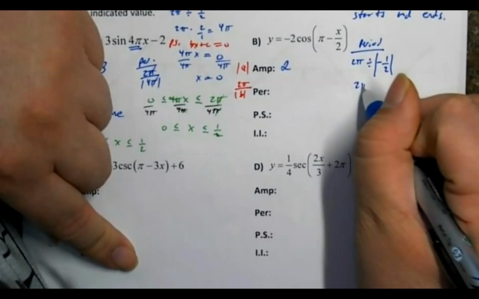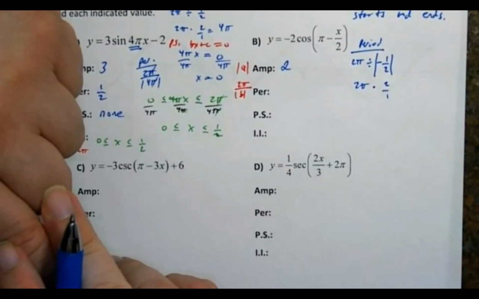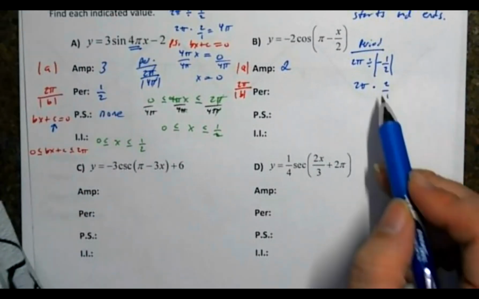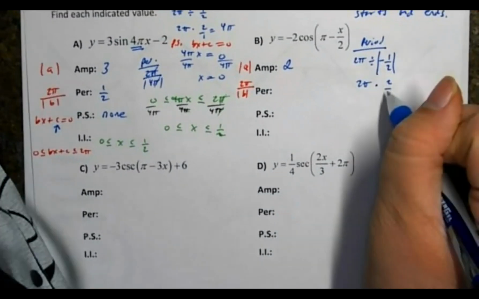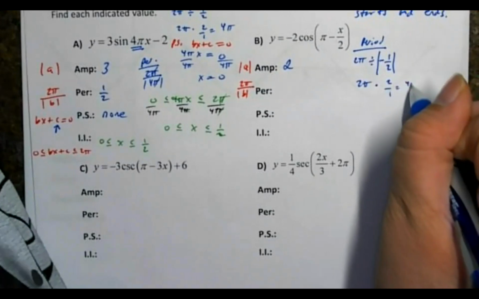I'm writing it this way because I don't like compound fractions. The absolute value of negative 1/2 is positive 1/2. So this becomes 2 pi times 2 over 1, multiplying by the reciprocal, which is 2. So 2 pi times 2 is 4 pi.